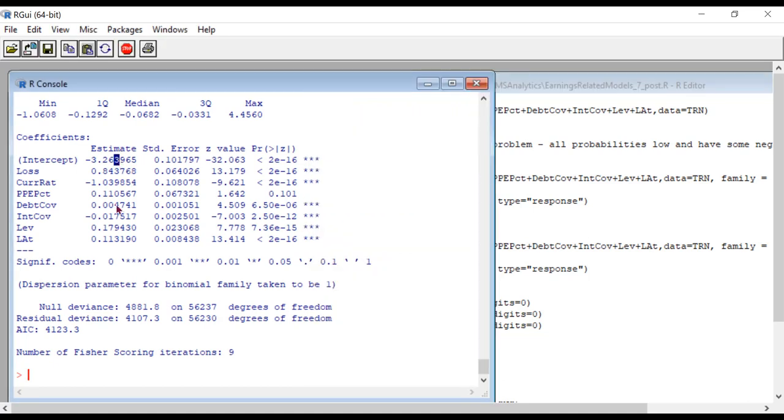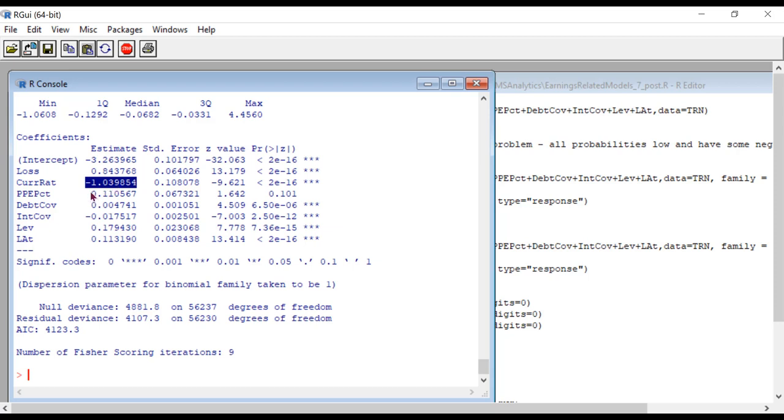So the y variable is 0, 1, and we're predicting the probability that a company is a 1. So this is positive. If you have a loss, you have a higher probability of going bankrupt in the following year. If you have a higher current ratio, that means you have more current assets than current liabilities, and you're less likely to go bankrupt.